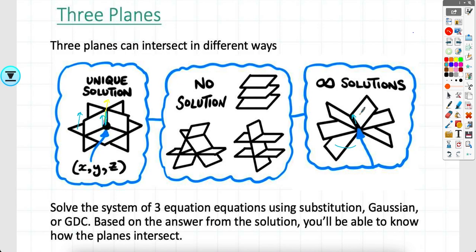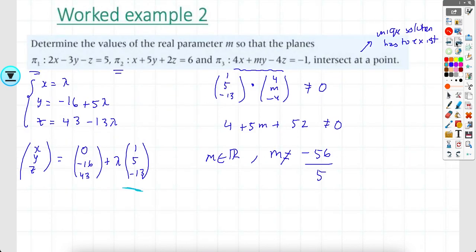And if you look at this direction vector with every other plane, you'll notice that it will be perpendicular to the normal of all the planes there. So it is normal to this plane here, it is normal to this plane here, and it is normal to the 3rd plane here. So it is normal to all 3 planes.